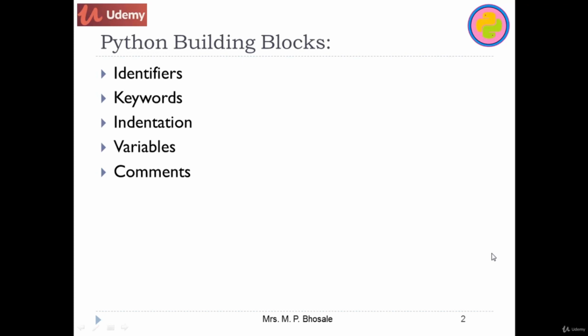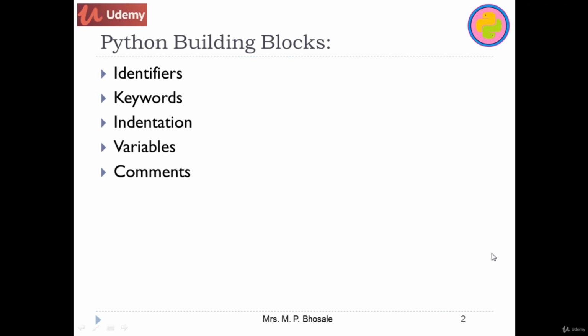And for the title of all these things we need to have some rules and regulation, and an identifier suggests us that which kind of name we can specify to all these elements. So this is nothing but the main thing of the Python building block.